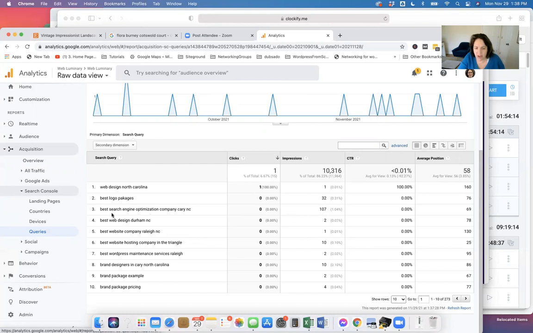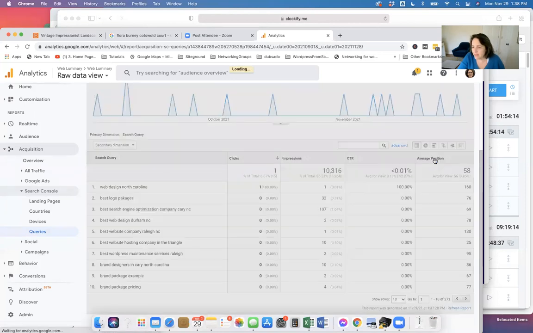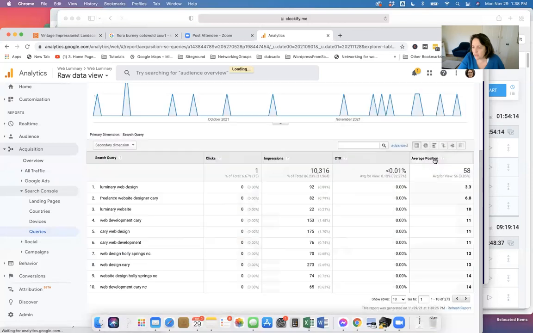So I'm getting found for best search engine optimization company in Cary, North Carolina. And then the other thing, and I'm totally giving away, my competition's really not going to bother looking at this. So I just did a sort on average position. What I'm curious about is, where am I in the top 10?